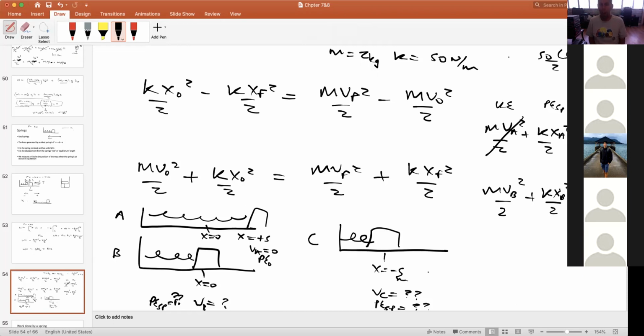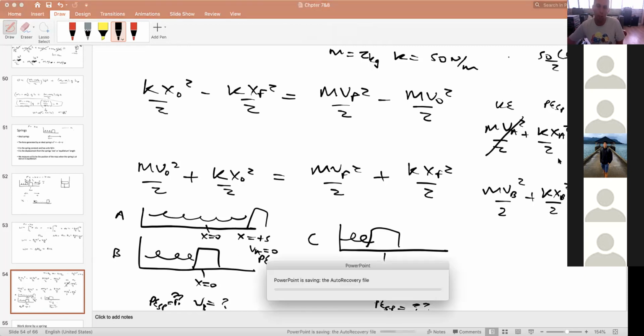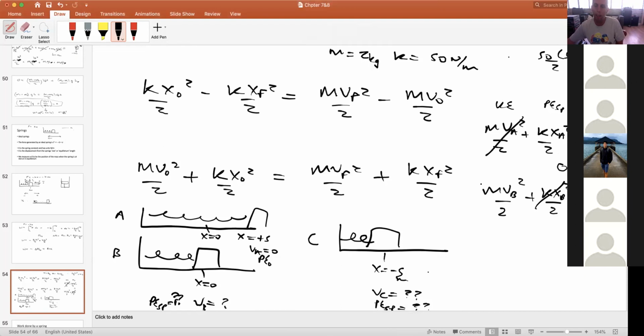At that equilibrium point, there's no force from the spring. So there's no potential energy from the spring. So xB is 0. That goes away. And we get m vB, which would be 2 vB, we don't know, over 2, which is vB squared.